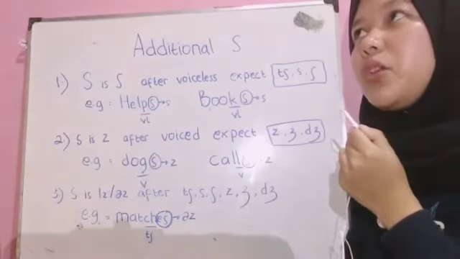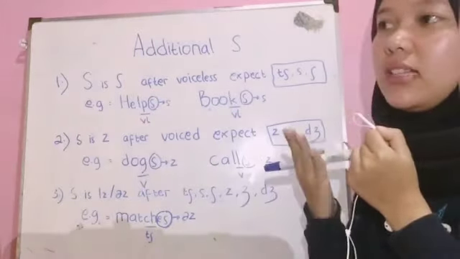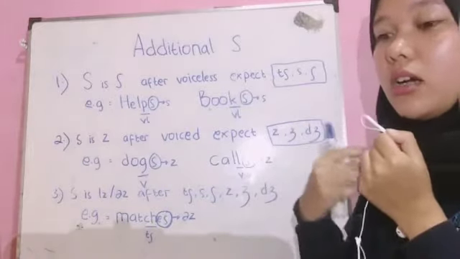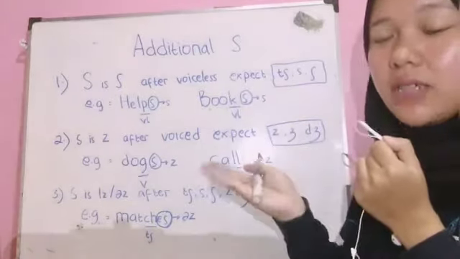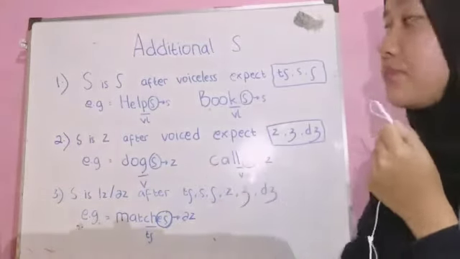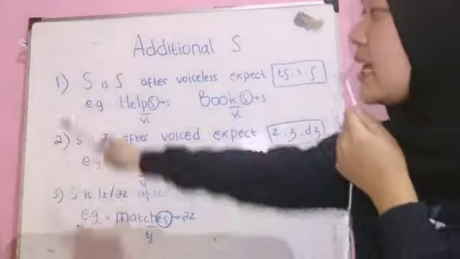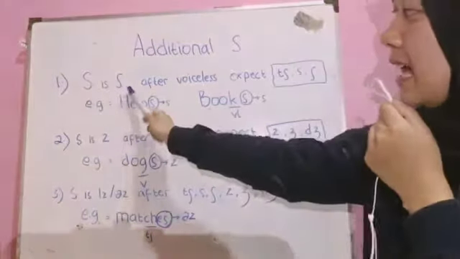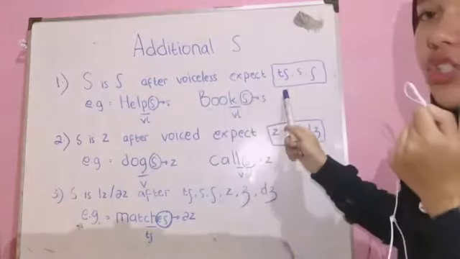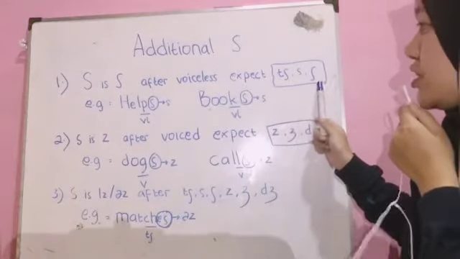When we tell about something, or have a conversation with each other, usually we use additional s. And number one is s as s after voiceless, except ch, s, sh.